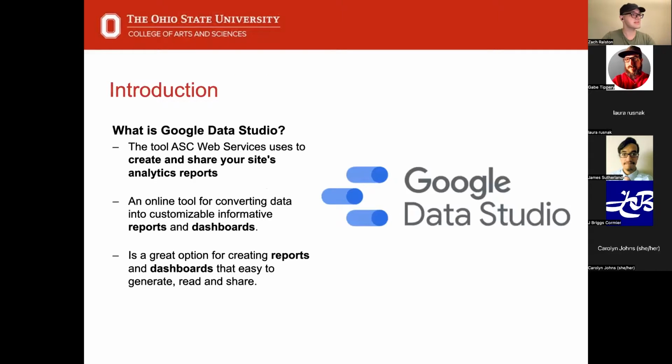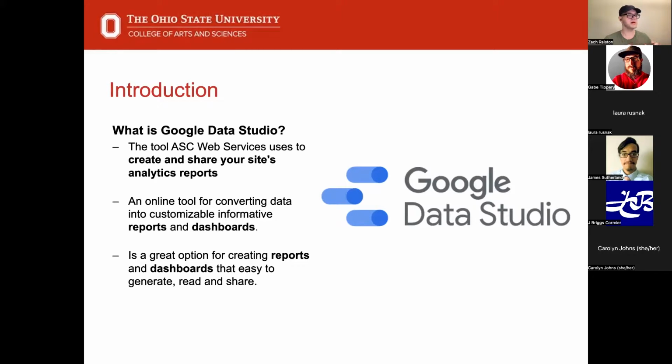So let's get started. What is Google Data Studio? It's the tool that ASC Web Services uses to create and share your website's analytic reports. Basically, we use this tool to convert data from your website into these customizable reports and dashboards.